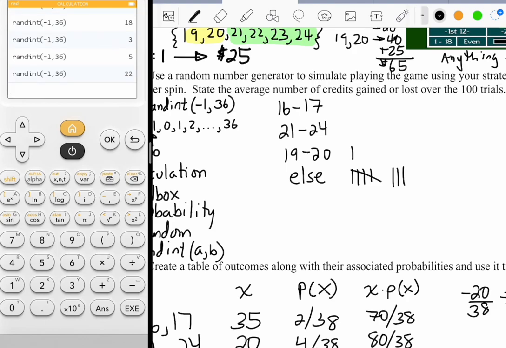22, no good. 10, no good. And like after a bunch of trials, I mean, we're gonna do 100. I got to do 89 more. But you saw how quickly the first 11 went. It's showing me that I'm gonna be down a lot of money early on.